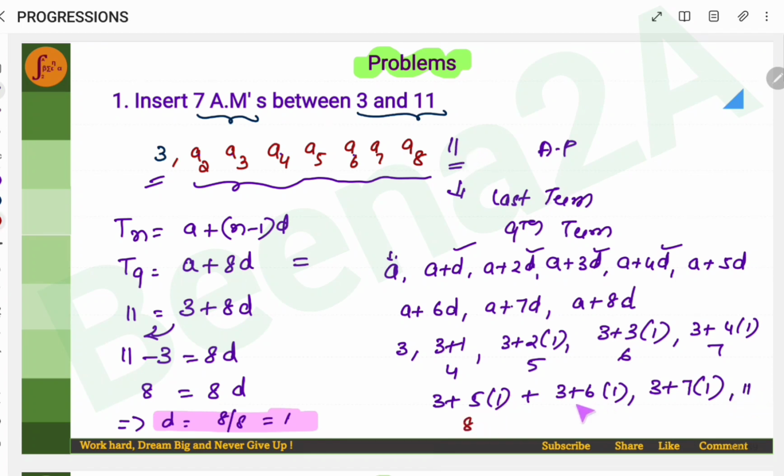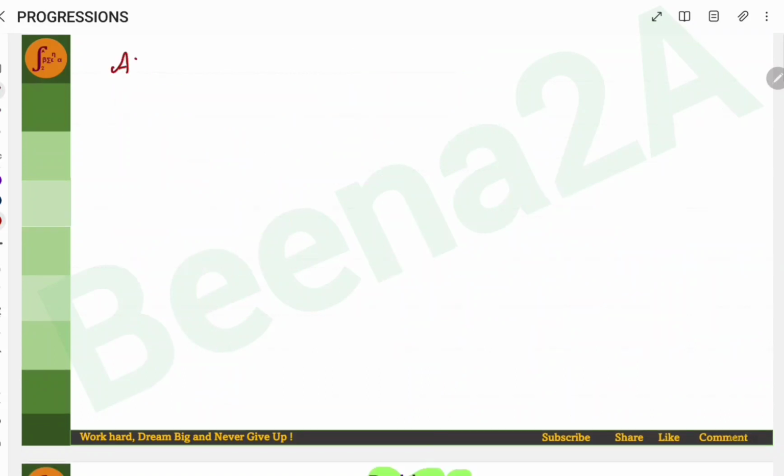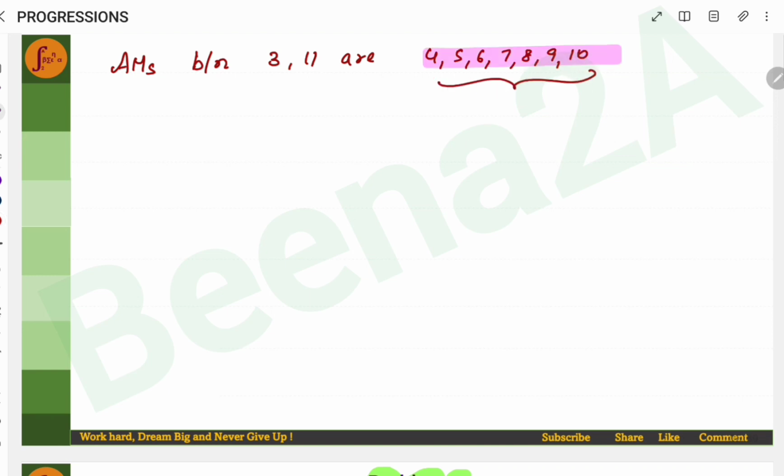This is 3 + 5, 8. 3 + 6, 9. 3 + 7, 10. And we have 11. So the arithmetic means between 3 and 11 are 4, 5, 6, 7, 8, 9, 10. So these are the arithmetic means.